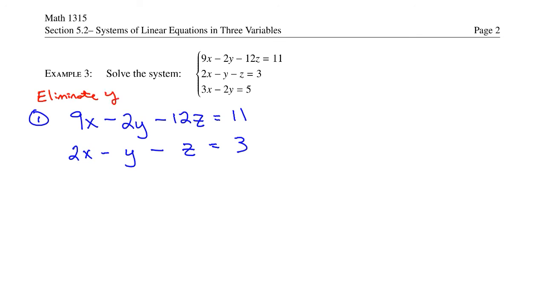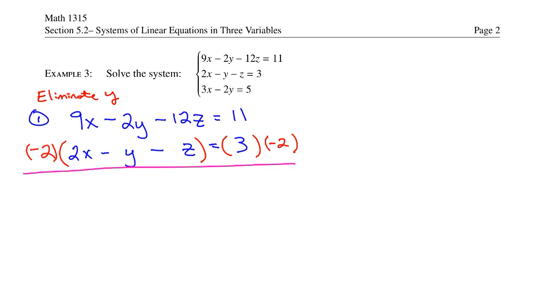And to eliminate the y, I need to multiply the bottom equation by negative 2. And the top equation stays the same, 9x minus 2y minus 12z is equal to 11.